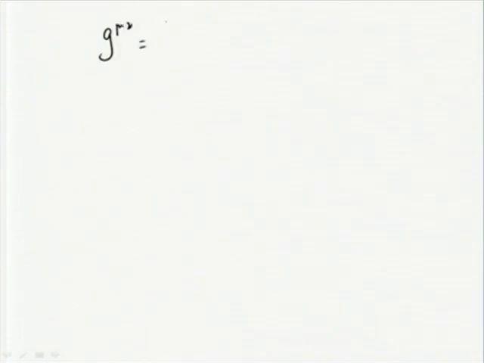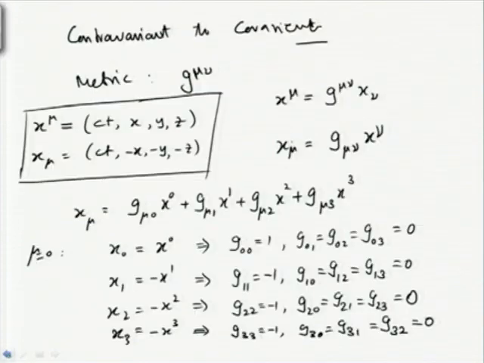And thus we get g mu nu as a matrix. Only the diagonal elements, whenever these two indices are the same, are non-zero. Whenever the indices are different, then that is 0. So, only diagonal elements survive, and of this g 0 0 is plus 1, and g 1 1, 2 2, 3 3, the spatial parts, are minus 1s.